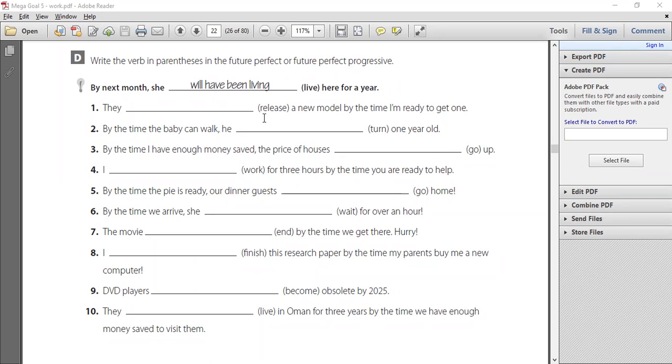So if I'm talking about duration of time, I'm going to use the future perfect progressive, this kind of future. If I'm going to focus on the event that is going to happen, I'm going to write the future perfect. Okay, so I will give you 2 minutes, please, and then I'm going to choose who will answer.